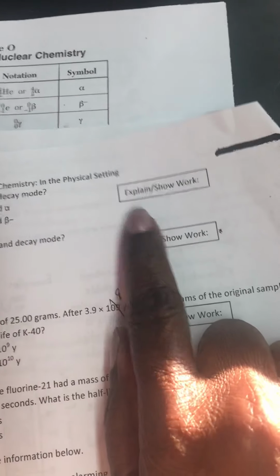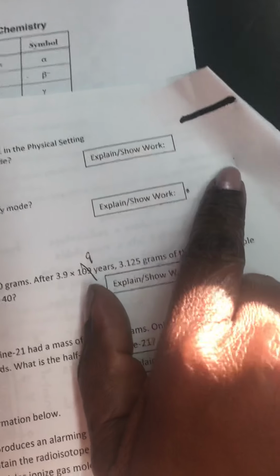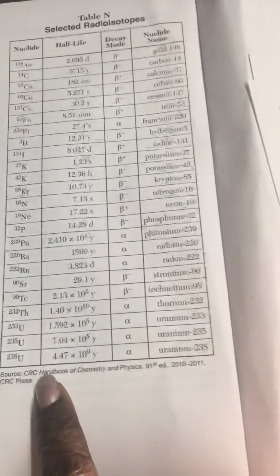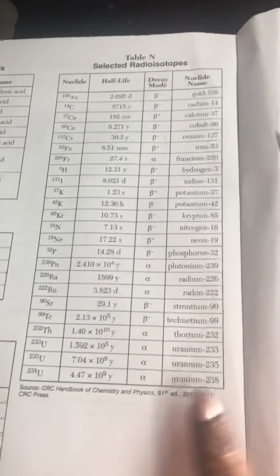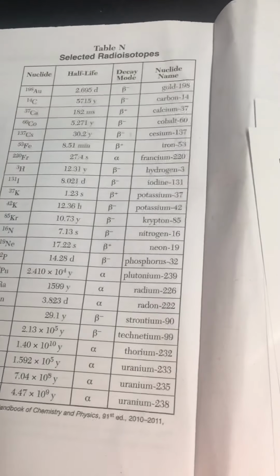How do you explain it? These nuclides are not properly matched due to the information in table N as annotated or extracted from the CRC handbook. So please, when you do your explanations, explain. Here we go again. What is the nuclide listed? And its half-life.